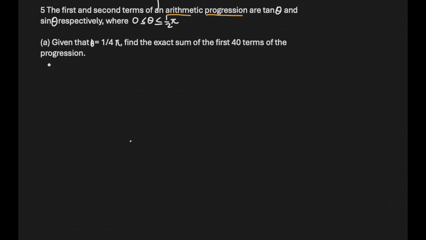Okay, so A1 is tan theta, A2 is sin theta. That means the difference between them, d, common difference, is second term minus first term. Okay, now they're asking us to find the exact sum of first 40 terms.